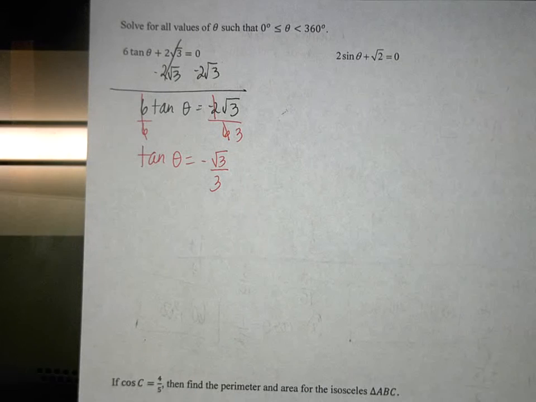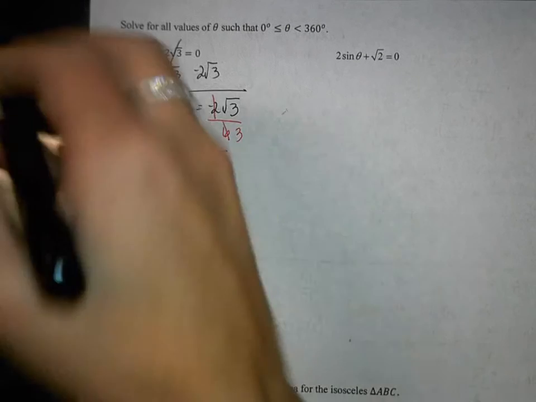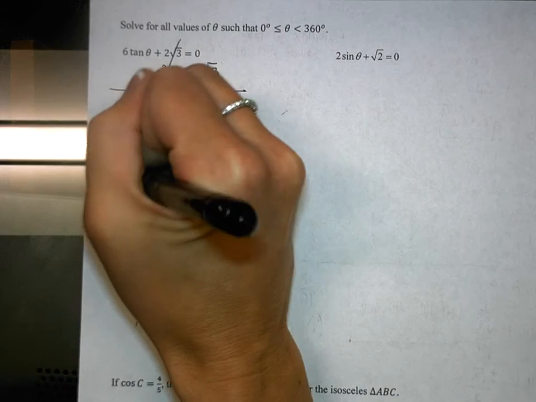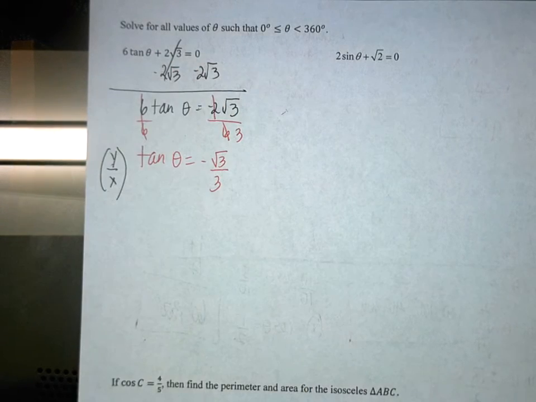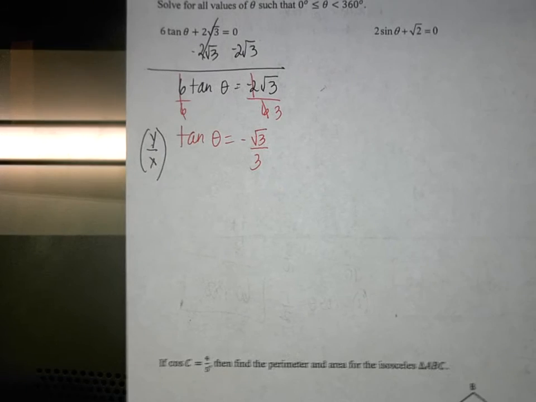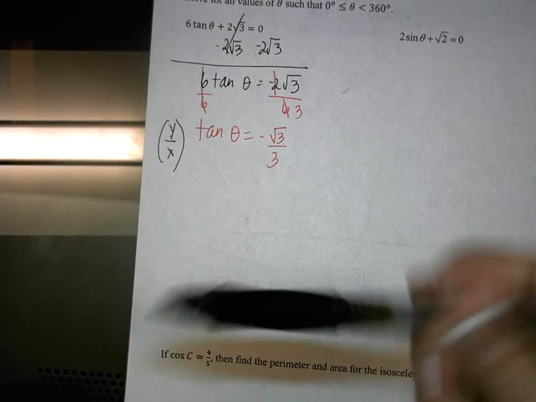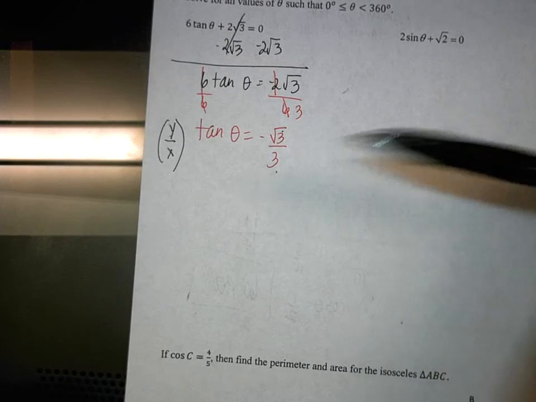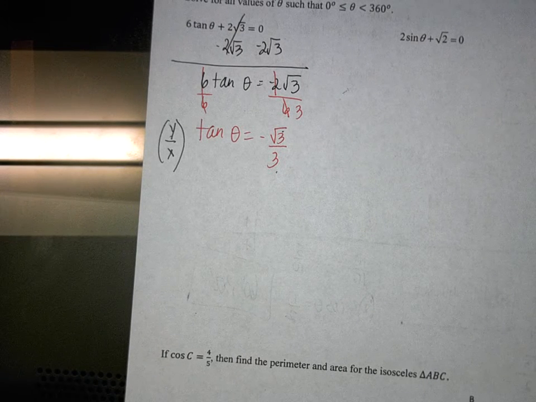Now, tangent is a little bit different, remember, because tangent is actually dealing with y over x. On this one, hopefully you can tell because you have a root 3 over 3. If you had a root 2 over 2, you know it's been simplified, correct?